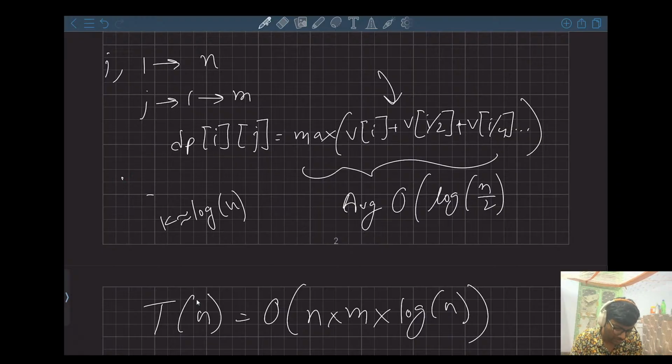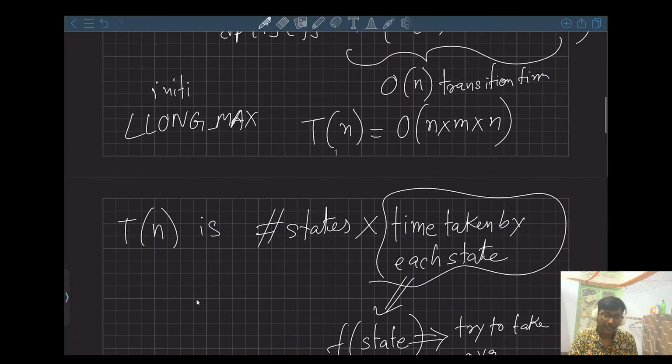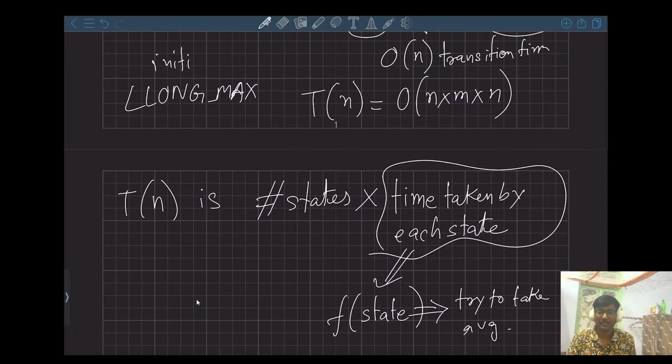Not exactly log n, I should say log I. But again, we have considered that I is average. So I by 2 to the power k equal to 1. So it will be log I, and I we have considered as n by 2 on the average case. So this kind of tricks you can apply. Basically, you want to calculate the number of states into some approximation of time taken by each step. Okay.